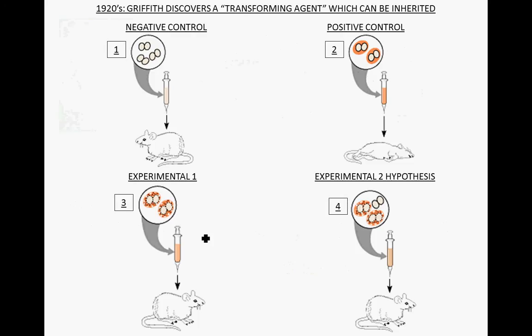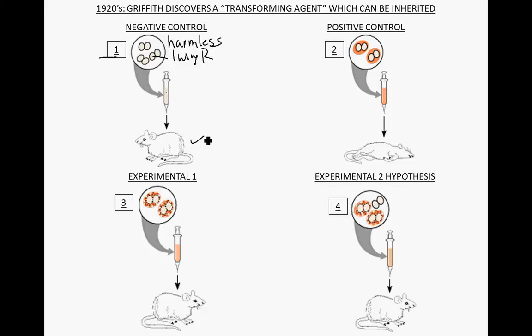So he goes back, and his experiments are like this. In experiment 1, he's got a negative control group where he takes harmless living R strep pneumoniae and injects them into the mice, and the mice live.